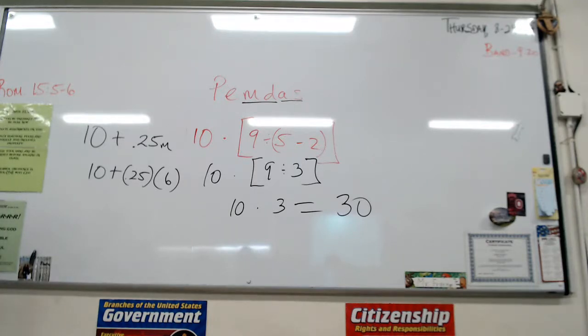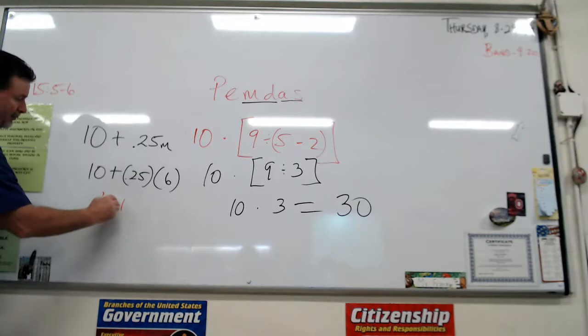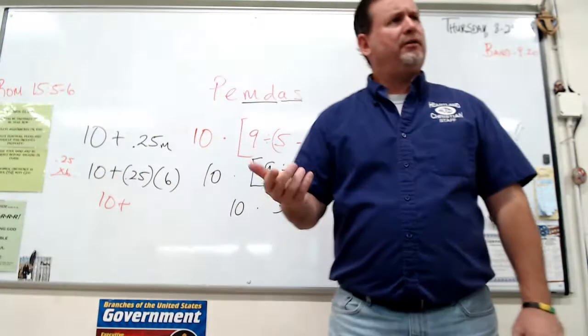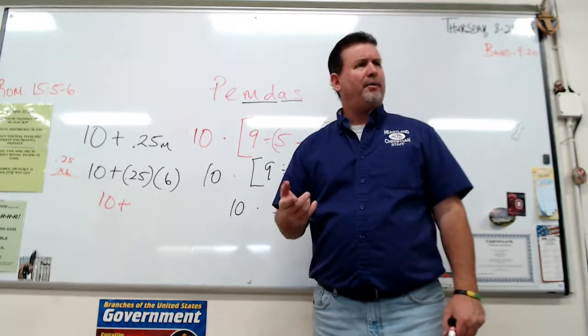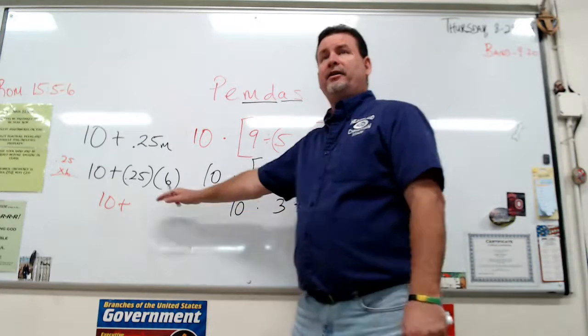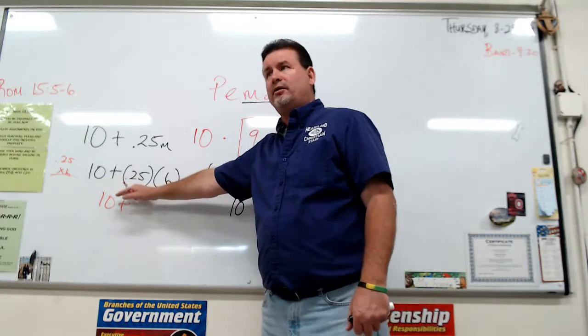Everybody following this? So what's the answer? How much money does she get? She gets 10 plus. Now, if you have to, you go off to the side and do 0.25 times 6. Wouldn't it be great if, with mental math, you can say, let's see, if I got 6 quarters, how much money would that be? I got $10 plus 6 quarters.